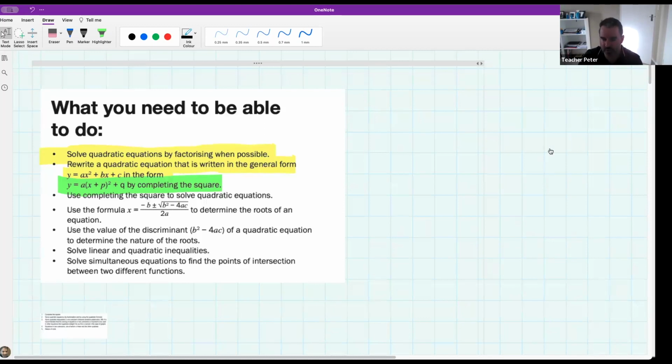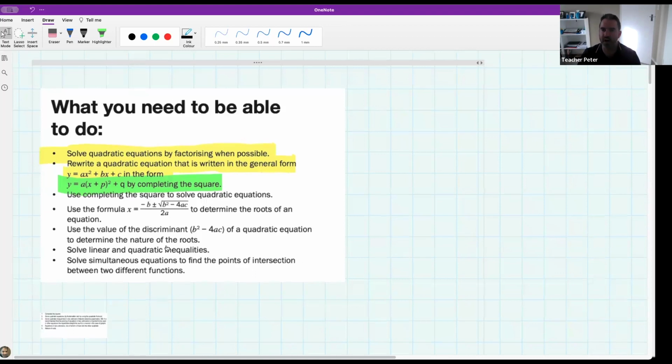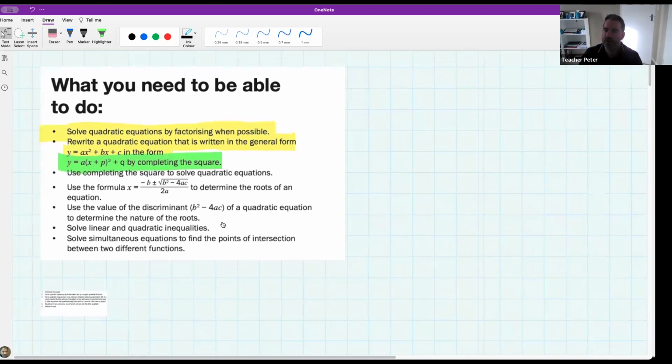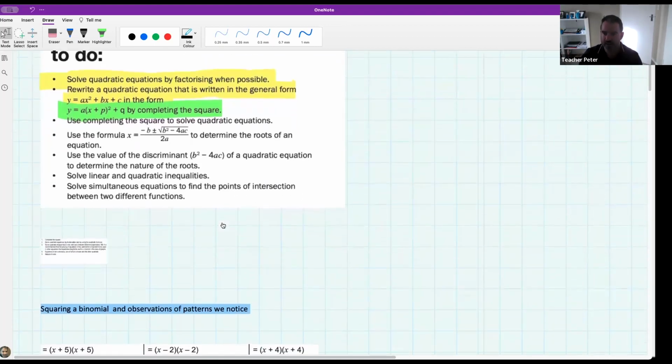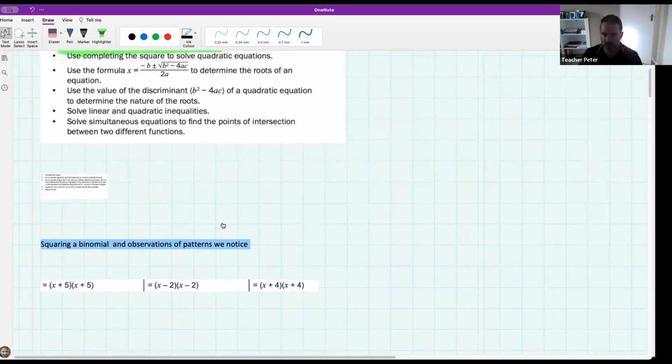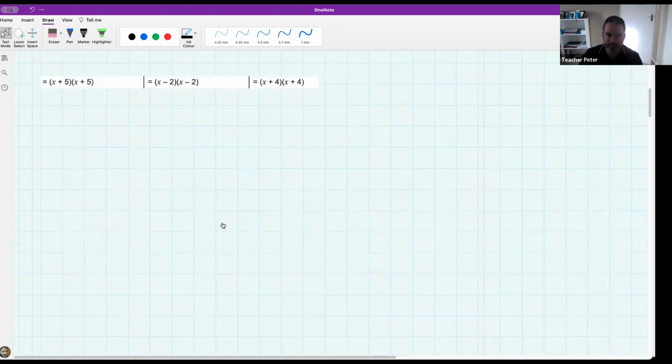If you had to rate your understanding out of 10, with 10 being a perfect understanding, where is your understanding at the moment with completing the square? Oh, okay. You guys are pretty good. So I'm not going to overdo it then, because I will go through it and we'll check it, but I'm not going to go right from the very beginning. But we will keep an eye on this process.